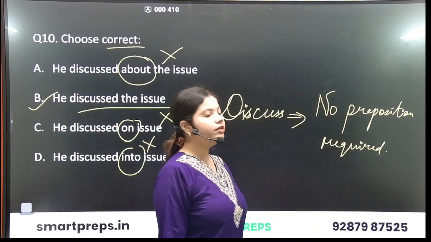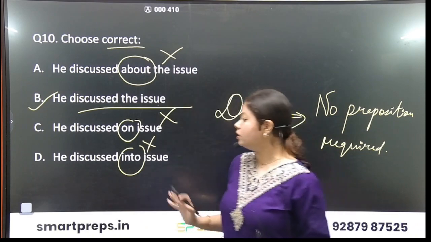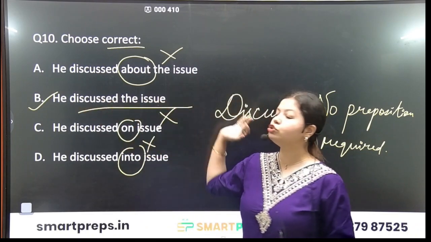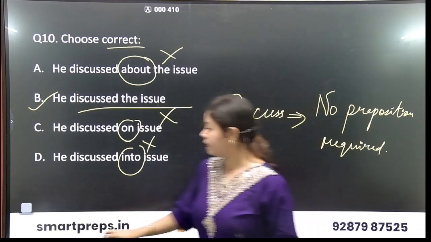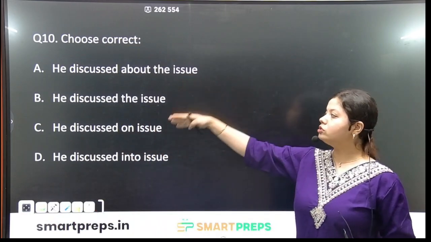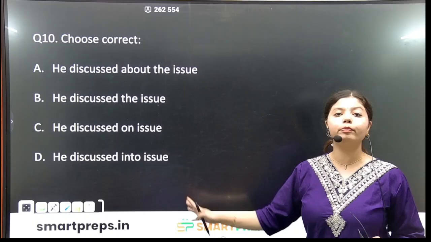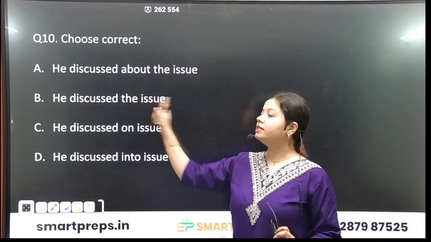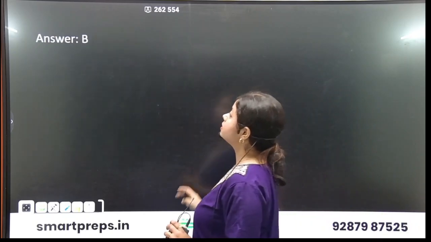Yes, whenever there is discussed, there is no preposition required. So he discussed the issue is the simple statement. Choose the correct sentence. You should know about, on, into, to, all these are prepositions. So all these statements are wrong. He discussed the issue will be the correct sentence.